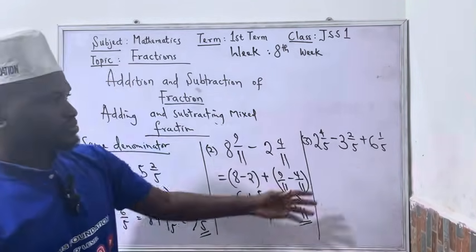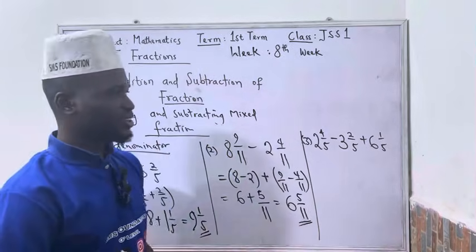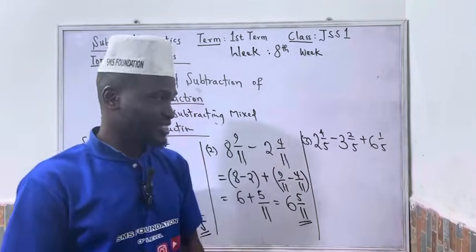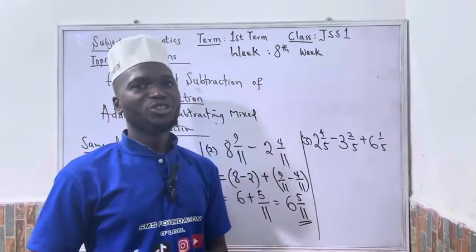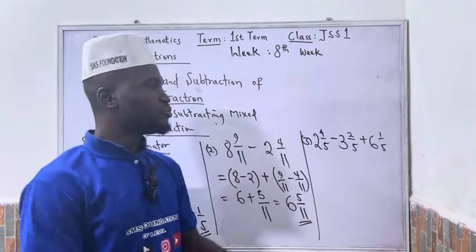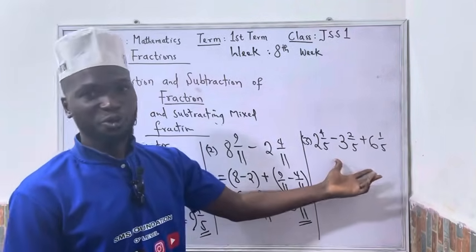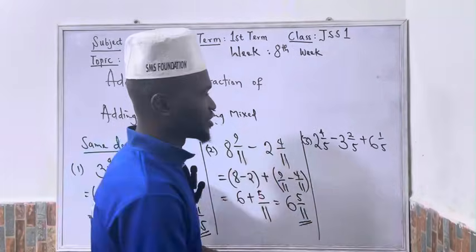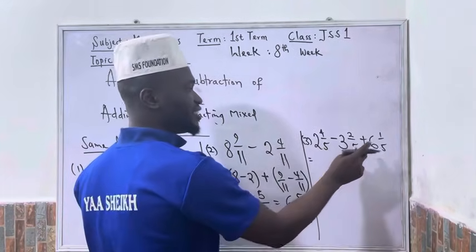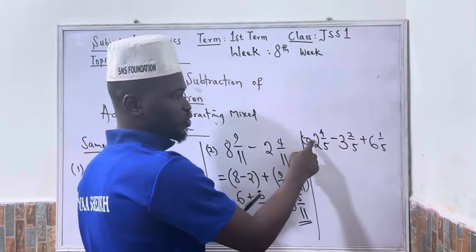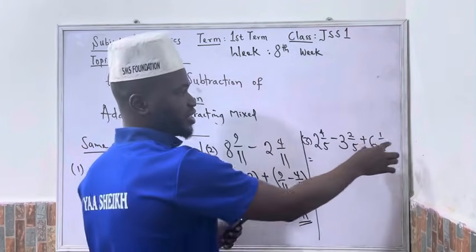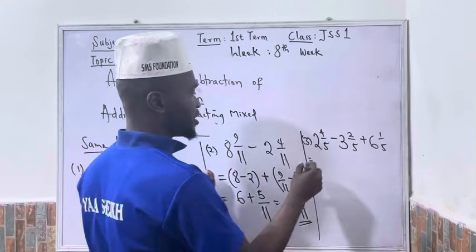Now, like I always say, always do the addition first. Though doing it directly may not be a problem sometimes, this time around, this will be a problem. So you can rearrange the question anyhow you want it. Bring this together. 2 whole number, 4 over 5 is positive. This is also positive. Bring them together.